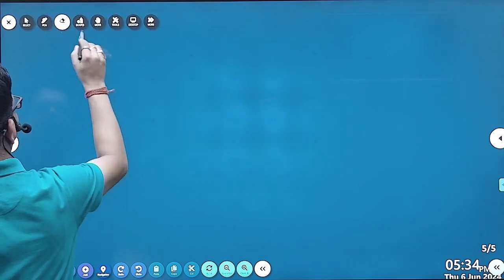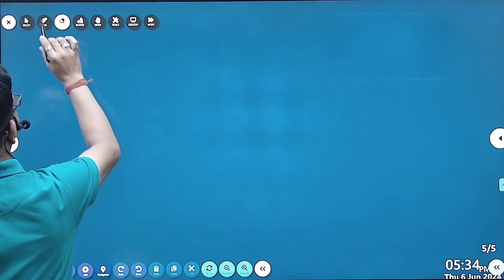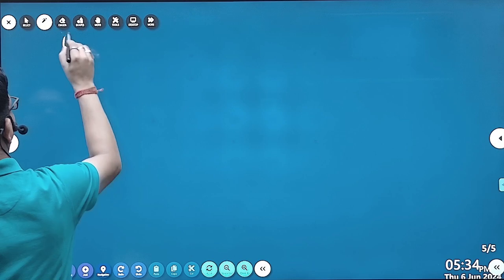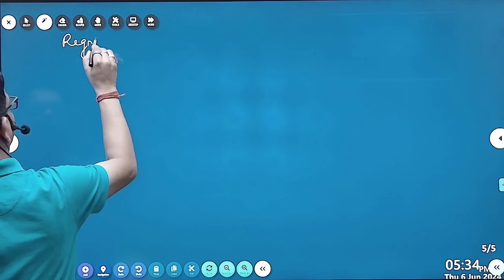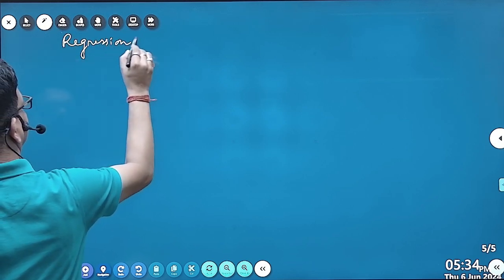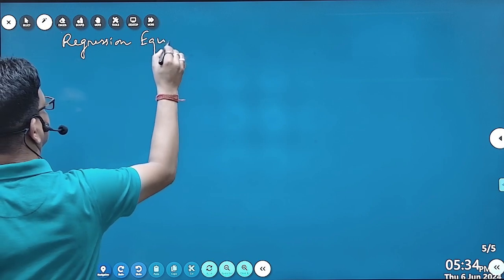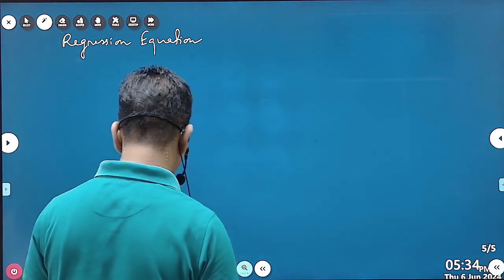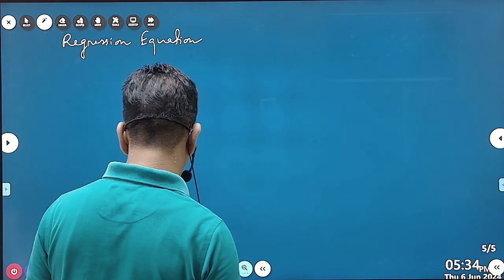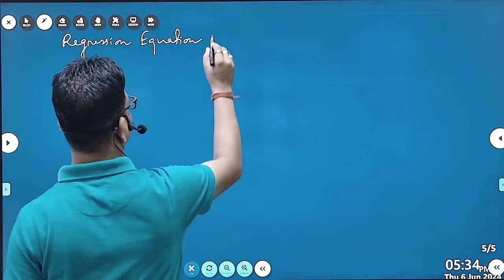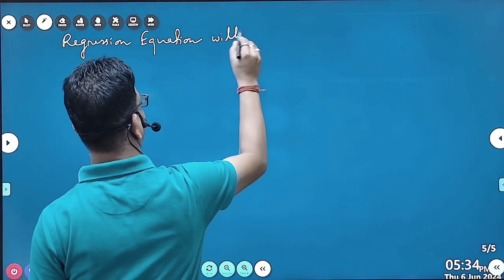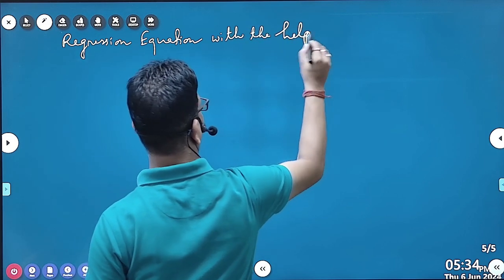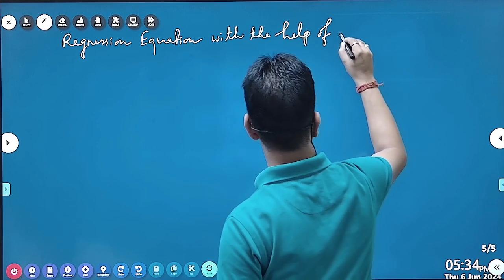Then regression equation with the help of regression coefficients.